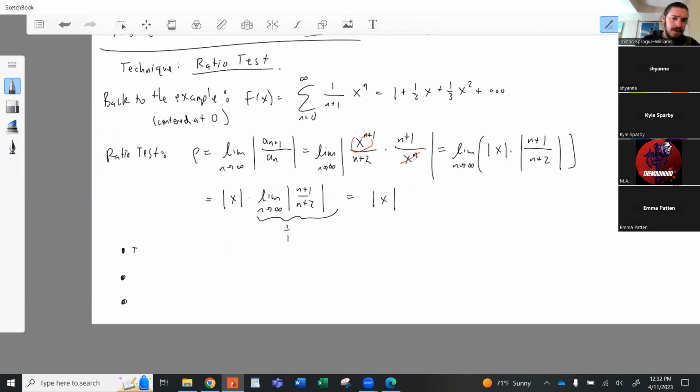It says if rho is less than 1, then the series converges, right? If rho is greater than 1, then the series diverges. And if rho equals 1, then who knows, right? It's inconclusive.